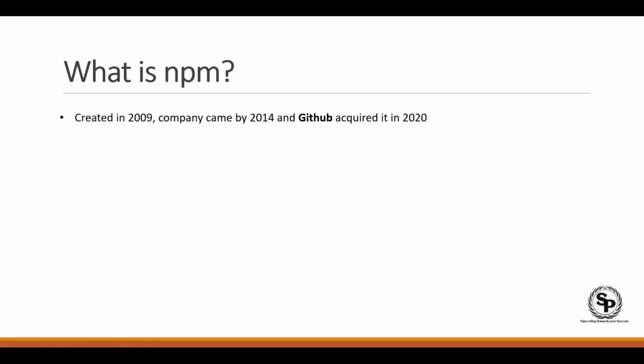Apart from these, npm was created in 2009. The company npm, Inc. came in 2014, and GitHub acquired it in 2020.